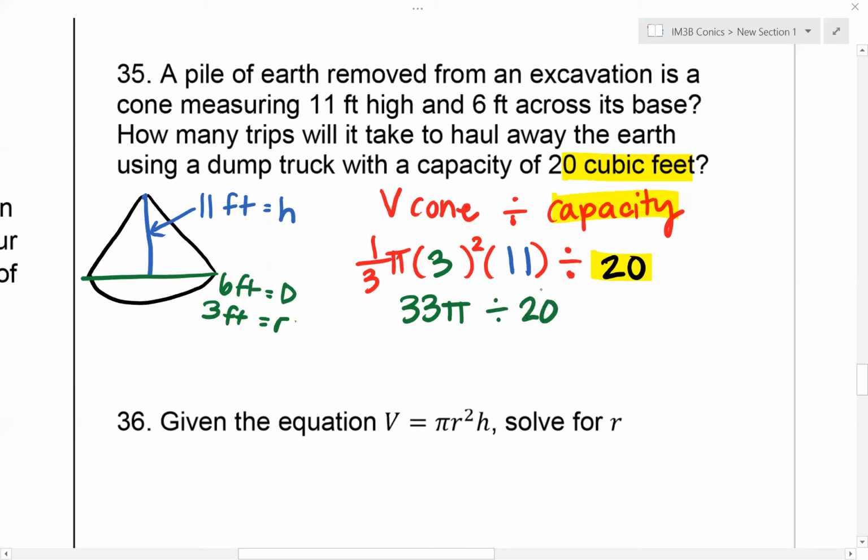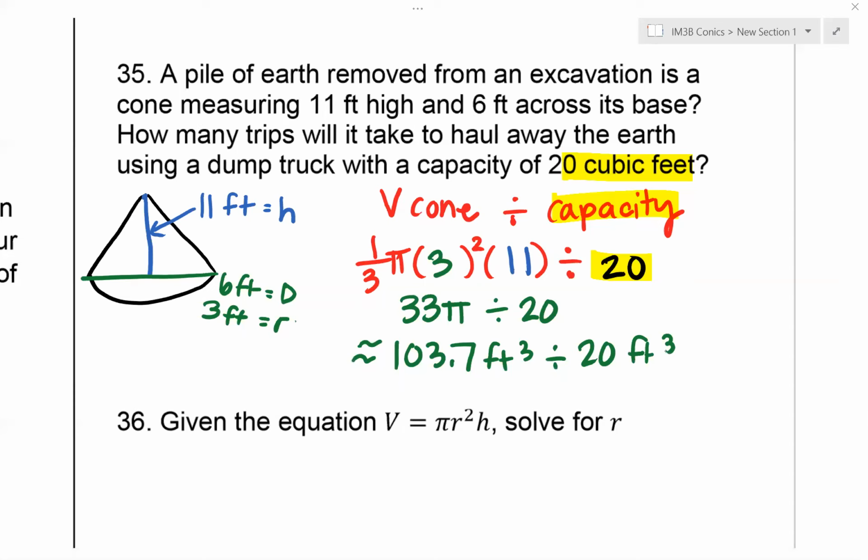So if I estimate 33 pi, that's about 103.7 cubic feet, and then we're dividing that by 20 cubic feet. And so that gives us about 5.18. And so this means that it will take 6 trips.